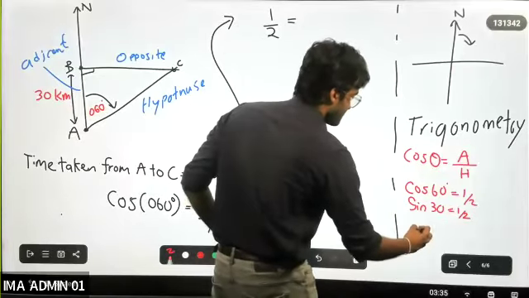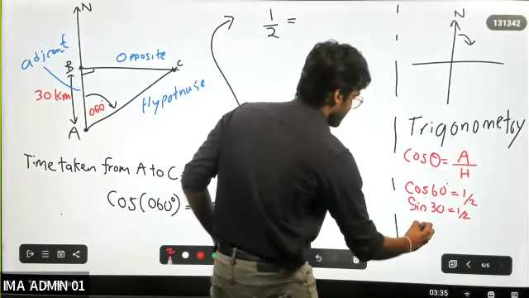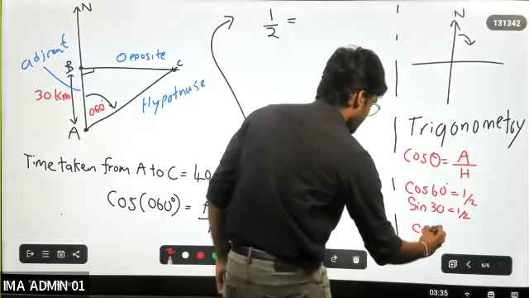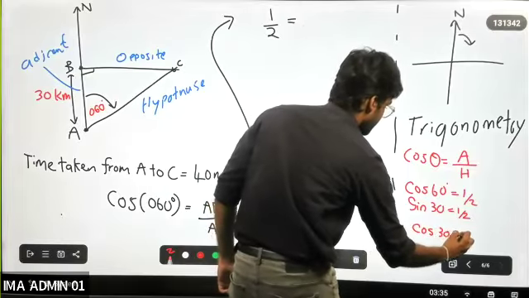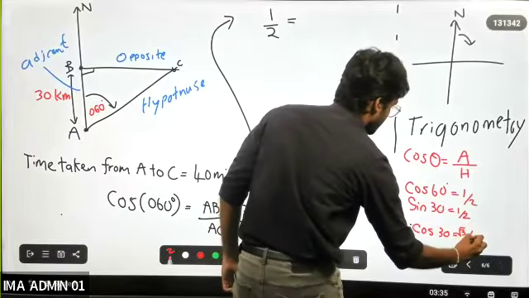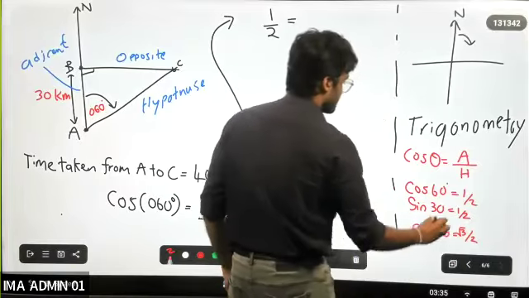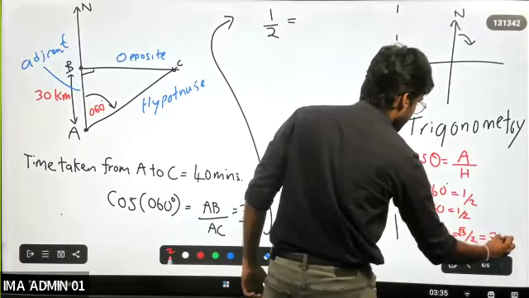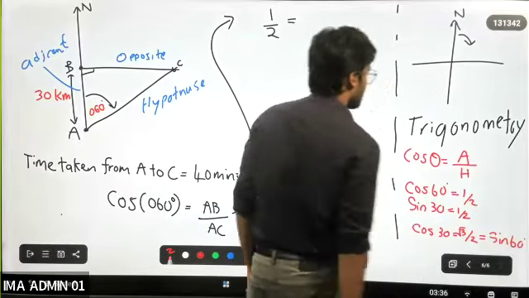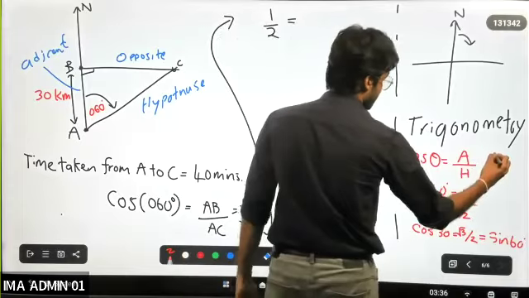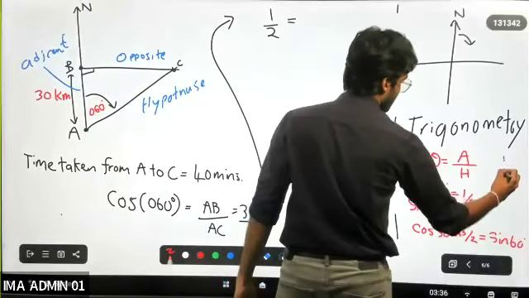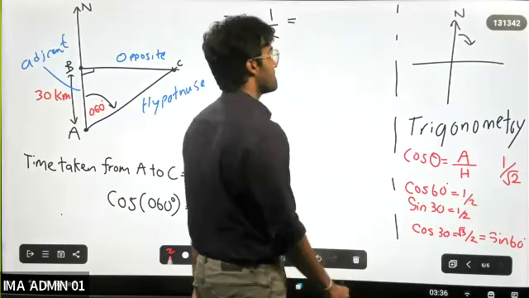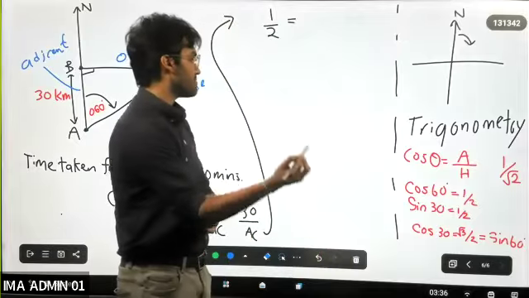And also cos 30 is equal to square root 3 divided by 2. Then this is also equal to sine 60. And also you have to memorize sine 45 and cos 45, which is equal to 1 by root 2. Likewise, you have to memorize those.